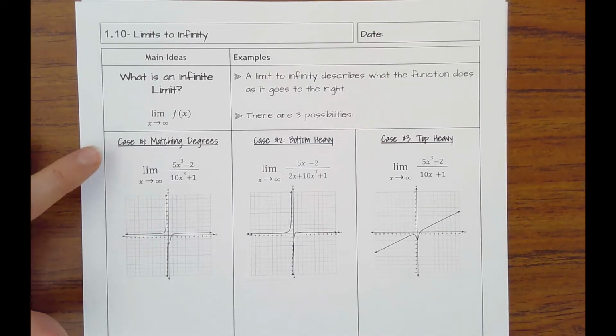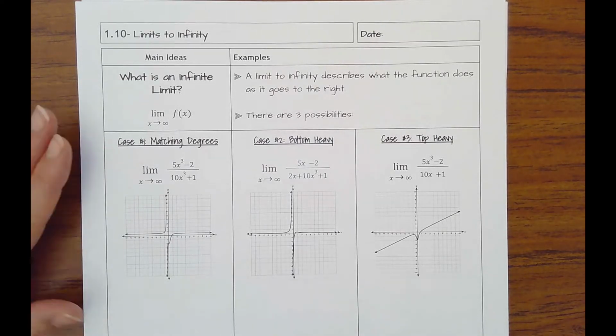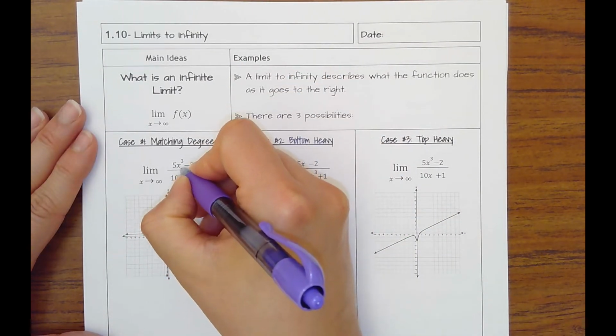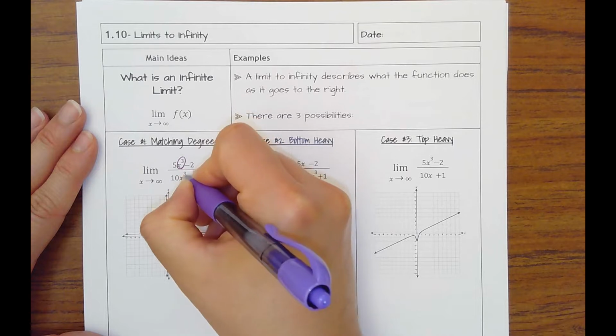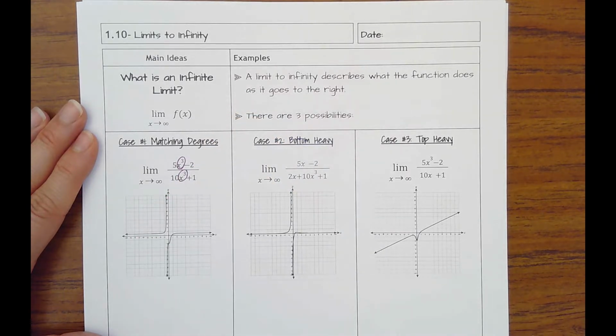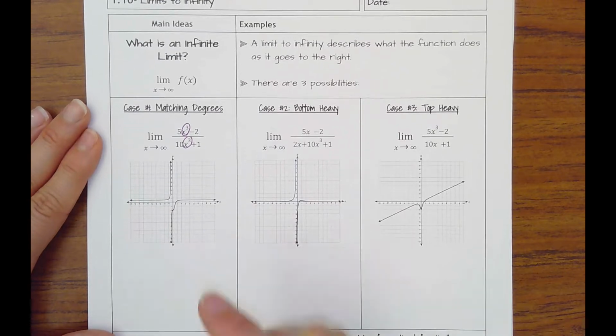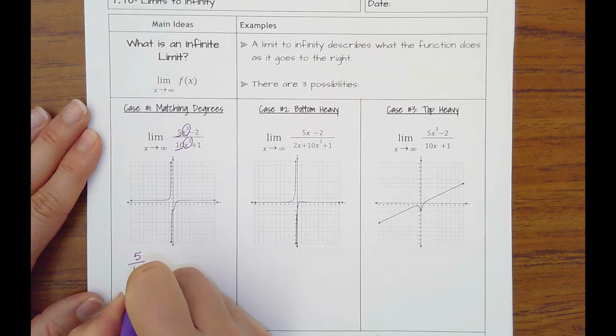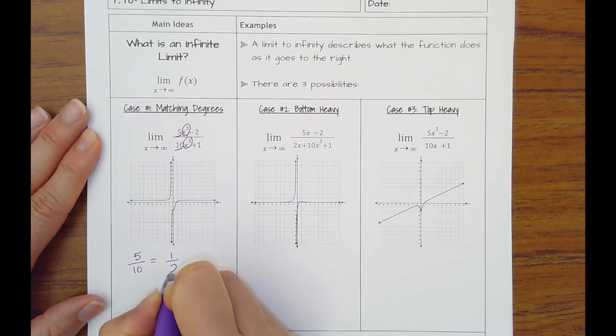The first possibility is that you have matching degrees. And remember, degree is determined by the highest exponent you see. So we have an x cubed and an x cubed. When they match, the rule is to divide the leading coefficients. So you would have 5 divided by 10, and you reduce it down to a half.